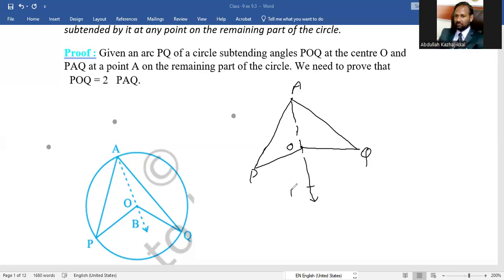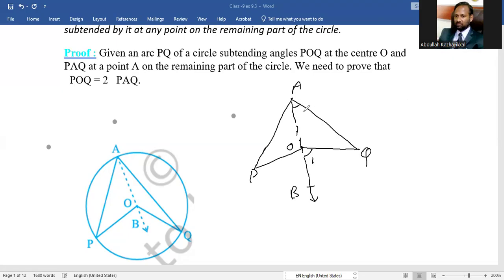Now this point is P. So what is happening here? You can see a triangle here. Triangle property: exterior angle. I call this angle 1. This is the exterior angle.